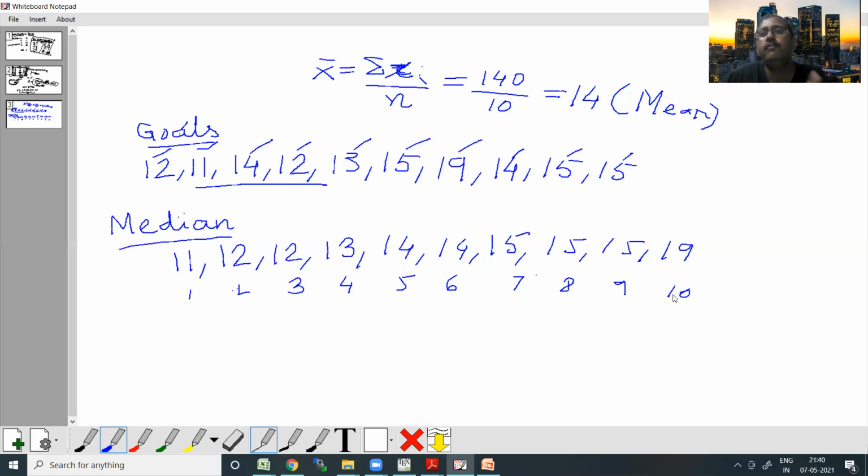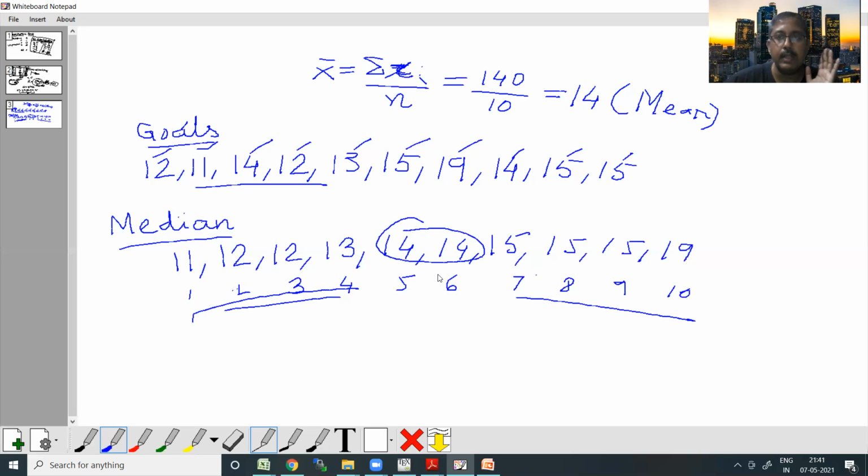Since we have an even number of observations, it's very difficult to point to a single middlemost value. But what we can say is, here we can have four values on one side, and four values on this side. So these two numbers reflect the middlemost values. There are two values in case there is an even number of observations. If there is an odd number of observations, we can have one single value at the middle.